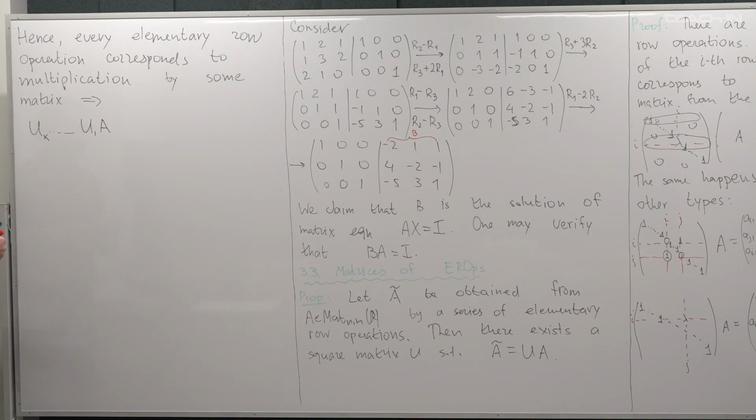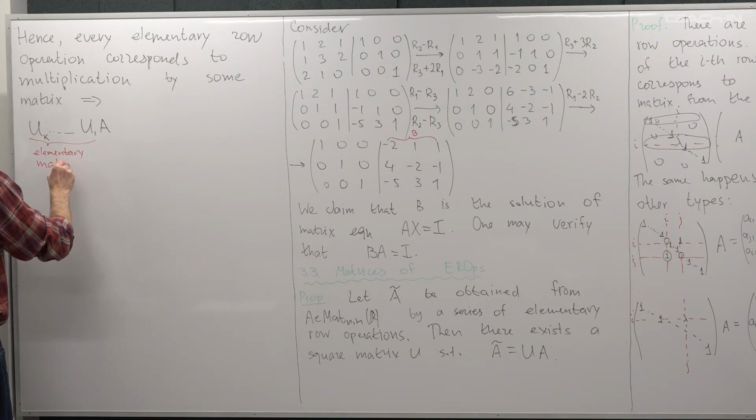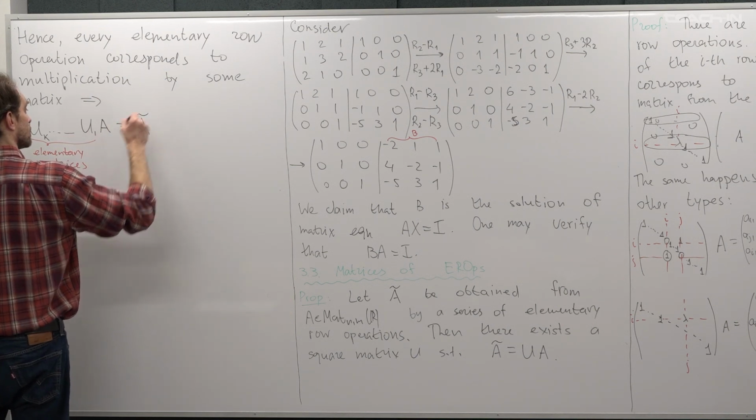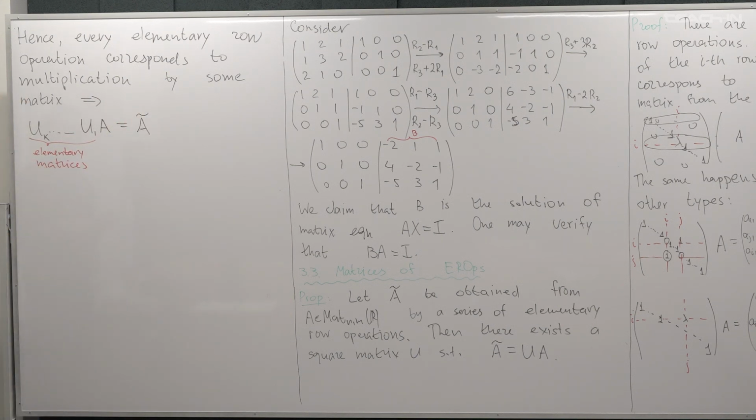We will call the matrices that we just derived elementary matrices, the matrices that correspond to various elementary row operations. So we multiply A from the left by this product, and we get the reduced row echelon form by doing this.